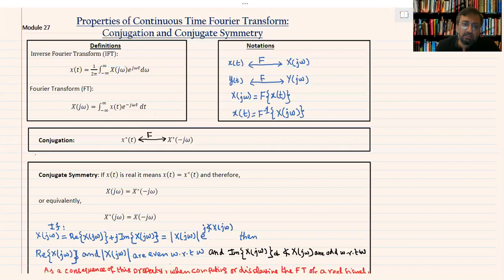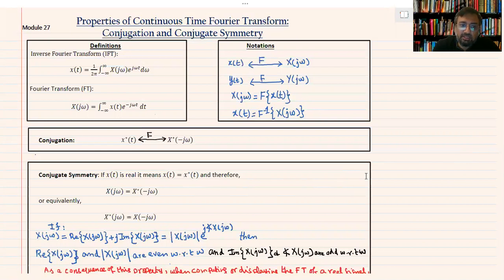First of all, if x(t) is real, it means that x(t) is the same as its conjugate, and therefore we can very easily show that X(j omega), the Fourier transform of a real signal, is conjugate symmetric.